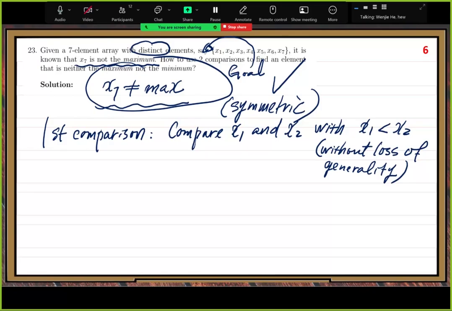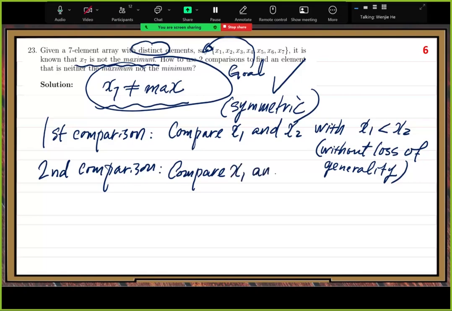You cannot pick both. Here, let's pick the smaller one, x1 and x7. If it does not work, we switch to x2, because those are the only two possibilities we can try. Compare x1 and x7.